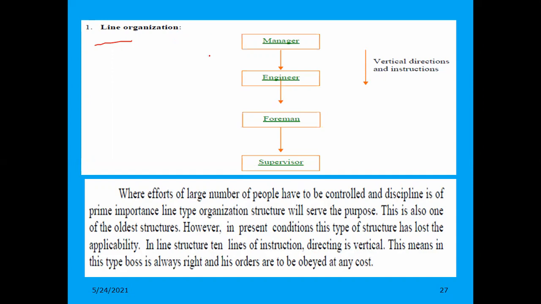Next one, line organization: vertical downwards directions and instructions. అంటే ఇక్కడ ఒక information pass చేయాలంటే పైన authority నుంచి కిందకి వెళ్తుంది: manager, engineer, foreman and supervisor.